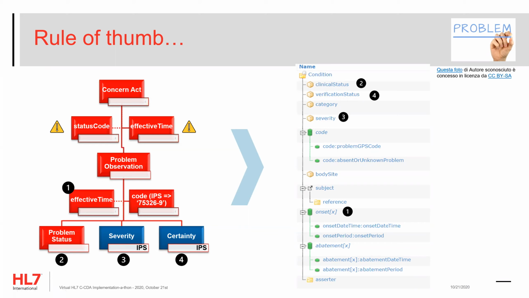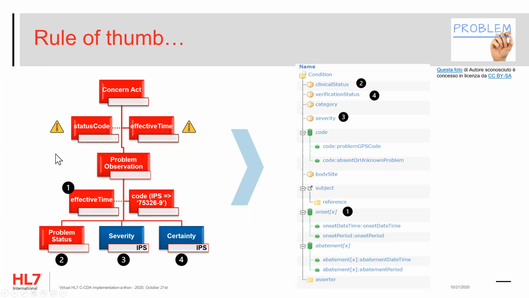So that maps to clinical status in condition. And I'm not sure which field in this FHIR condition structure would be, I'm going to call it the machine status, the status code, which is your machine status up there underneath the concern. What does that map to in FHIR?